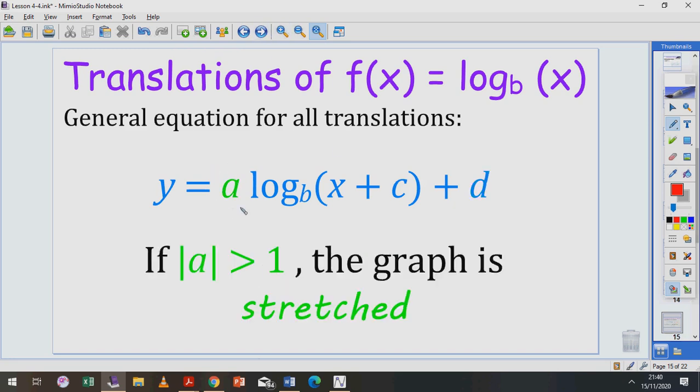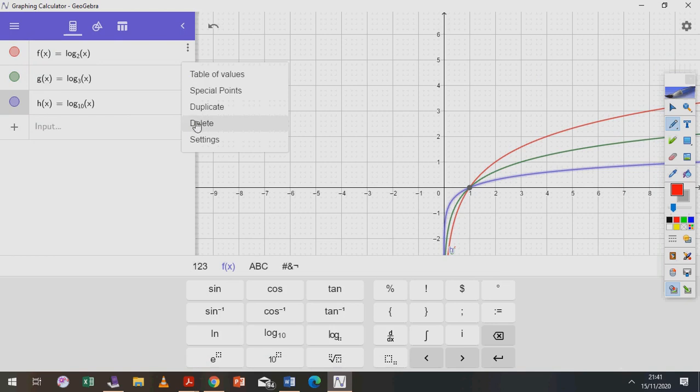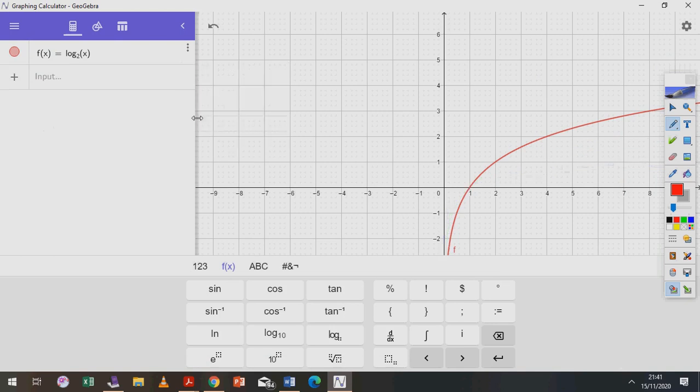a is usually the value before the function. If a is bigger than 1, the graph is stretched. Let me show you an example here. These are 3 graphs. This is the logarithm of 2x. And let me put another logarithm, let me make it 5x.